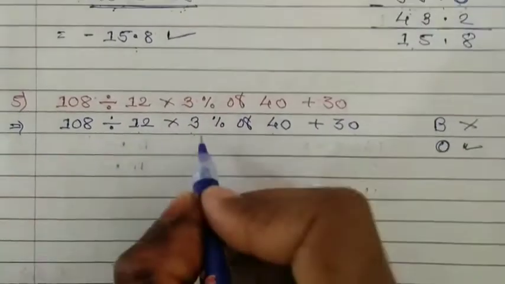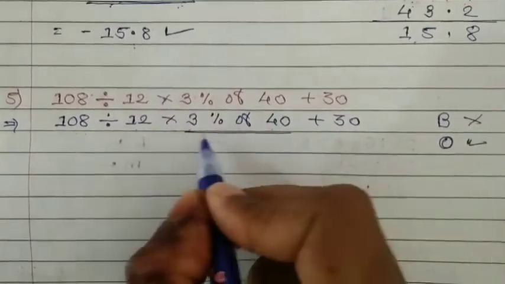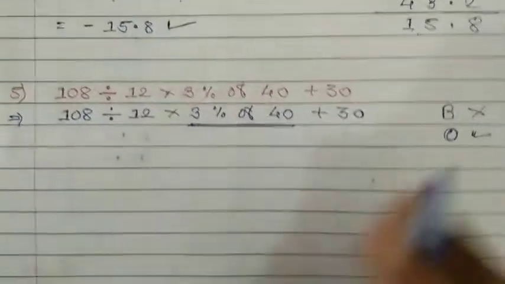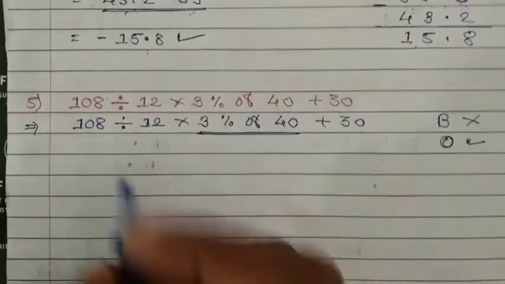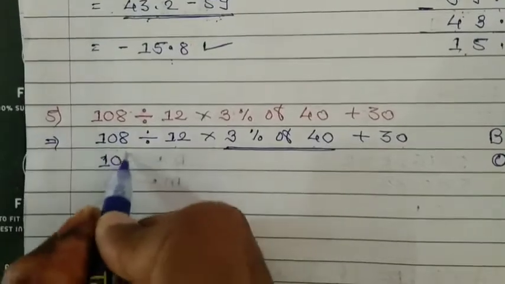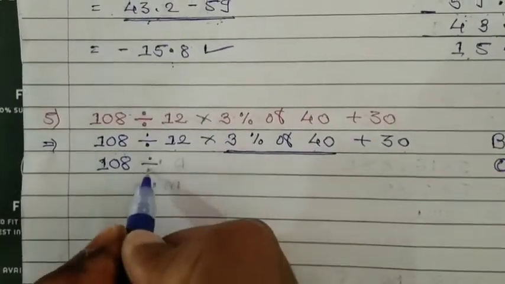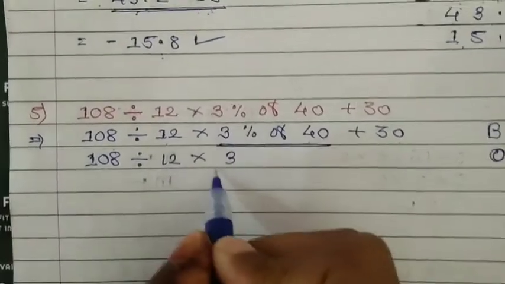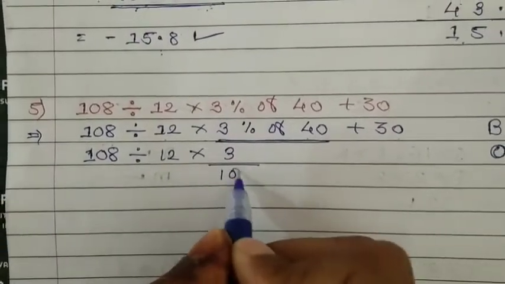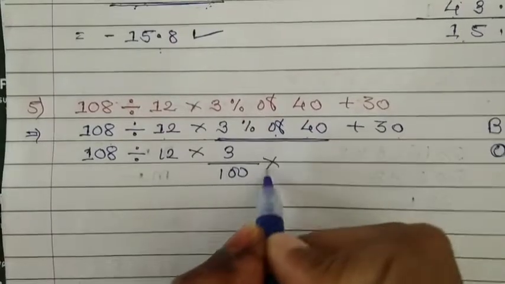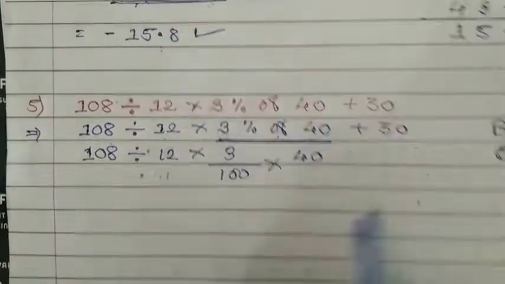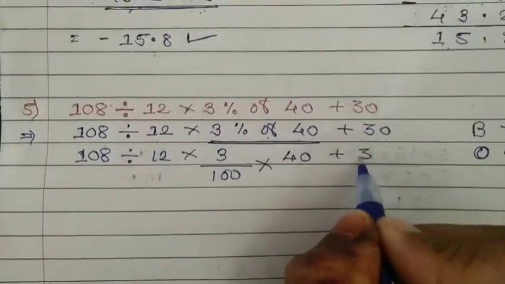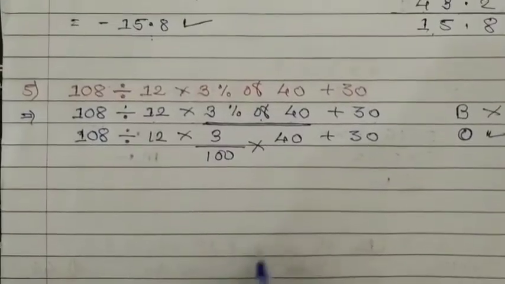Yes, but the "of" is in percentage form. Firstly, solve the "of", 108 as it is. 3%, percent means 3 by 100. Of means multiplied by 40, as it is, plus 30 as it is. Right, student?